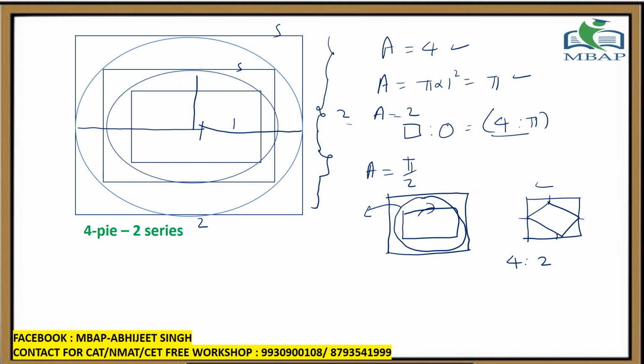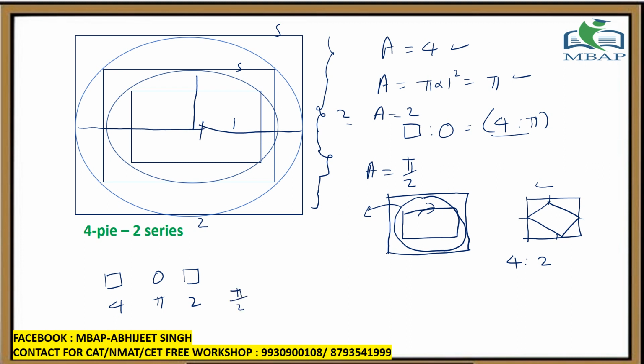All I can visualize now is the area of the first square. If it is 4, the area of the next circle will be nothing but pi. The area of the next square that is inscribed in the circle will be 2, and the area of the next square, which is again inscribed in the square, will be nothing but half of this pi, which is pi by 2.